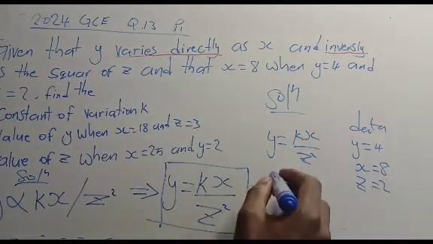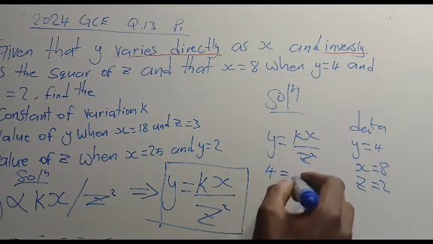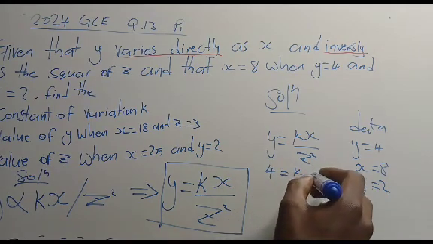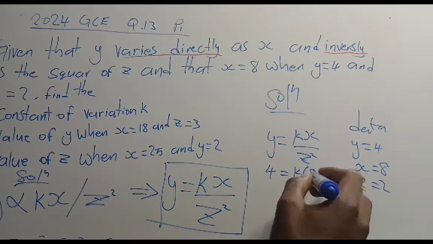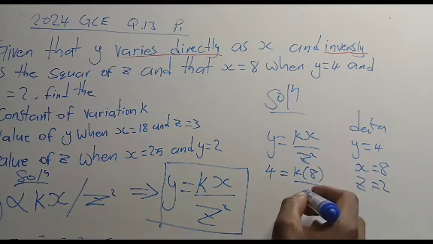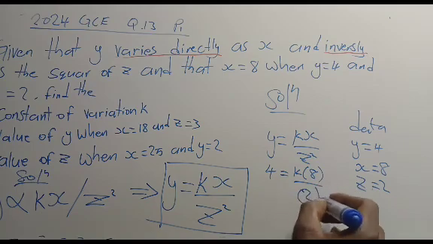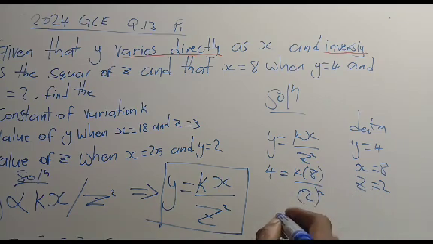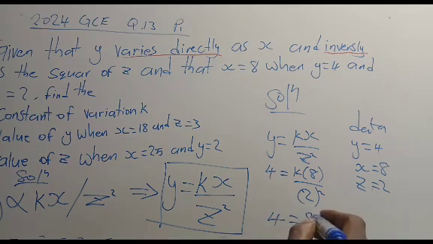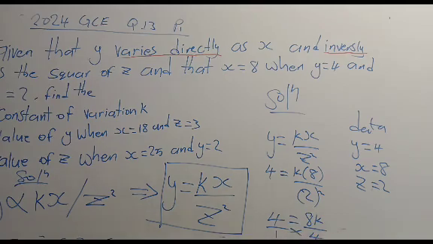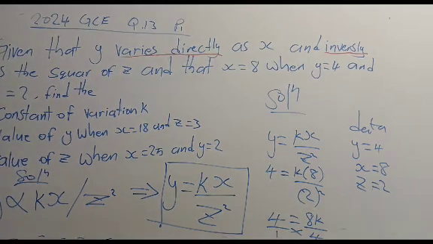So to find k, we are going to say y is 4, so 4 is equal to k, then x is 8, over z squared, we have 2, you square it, so 4 is equal to 8k over 4. Now do cross multiplication.